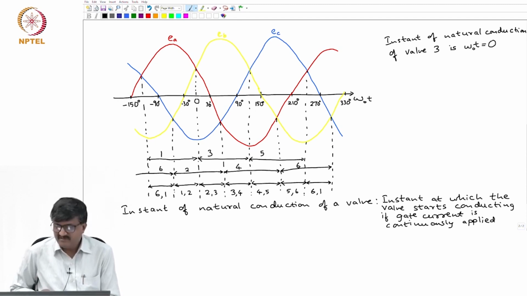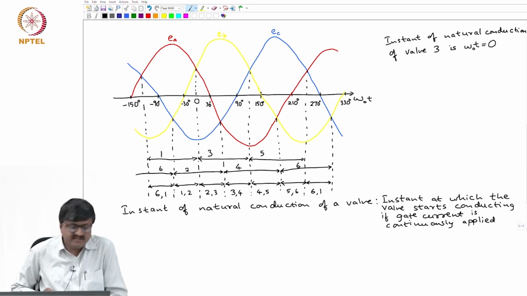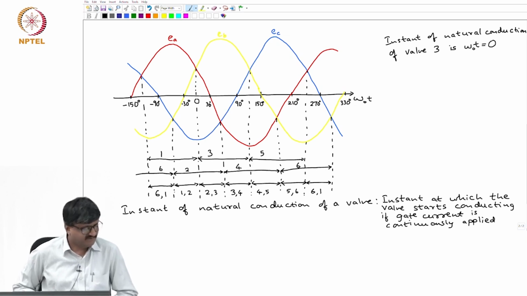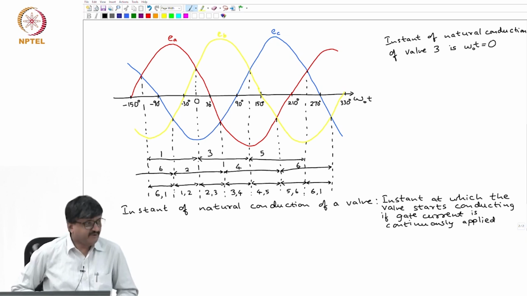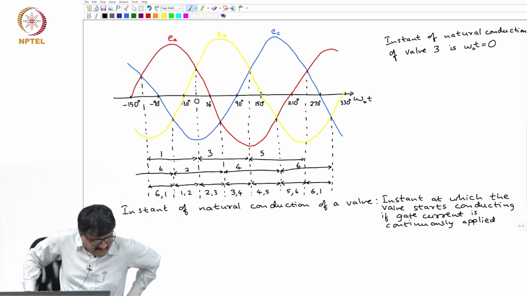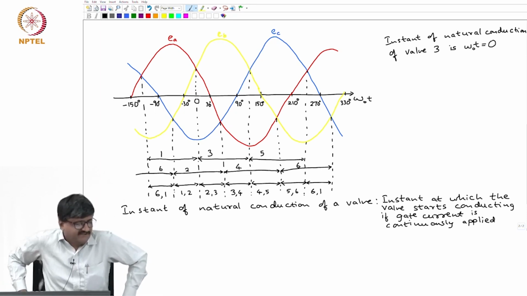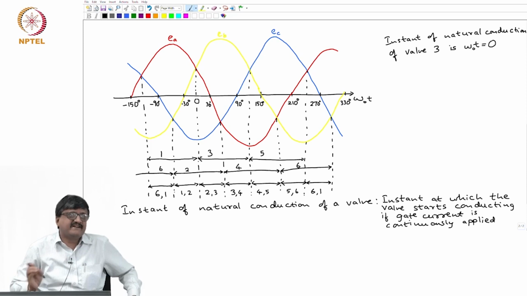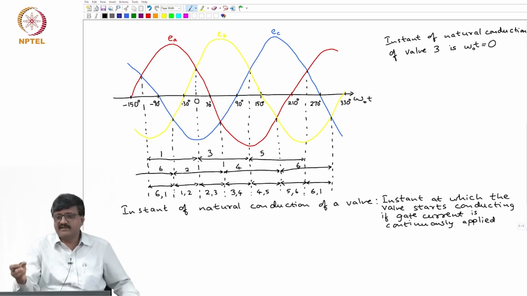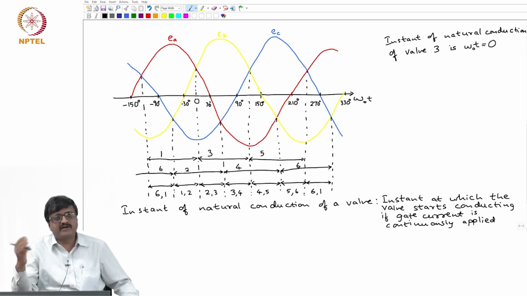Now, this is the instant at which it starts conducting if gate current is continuously applied. So, what we do in practice is, instead of continuous gate current, gate current pulses are actually applied which are delayed by a certain angle. Say there is one more equivalence. Instead of continuous gate current, diode operation is possible even if I just apply a gate pulse at the right instant.